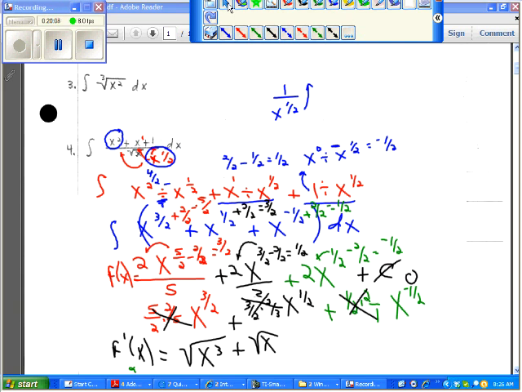Those go out, and we have x to the negative 1/2, which is going to be 1 over square root x, which is an equivalent form of this if we factored out or found a common denominator, okay? So we could mess with that until we made it in the same form it was to begin with.